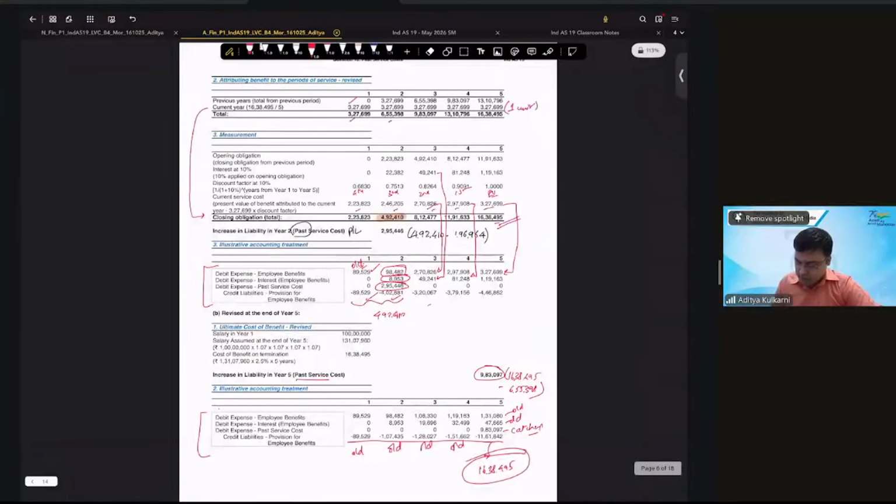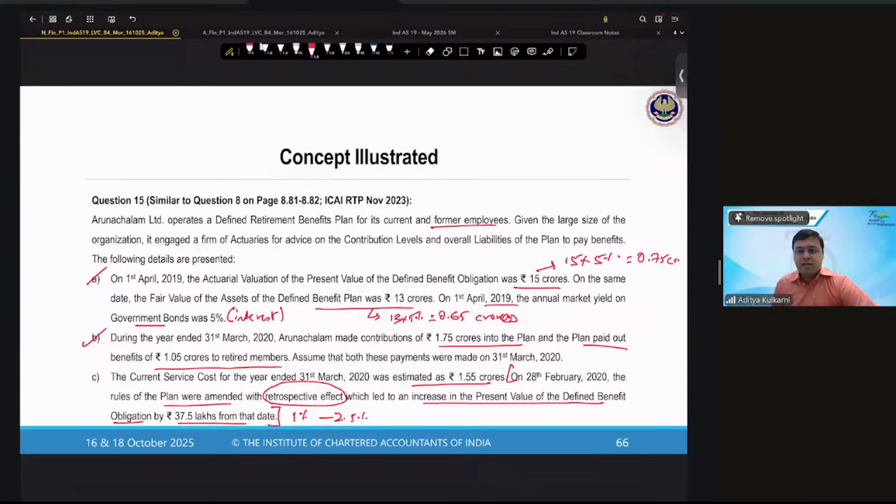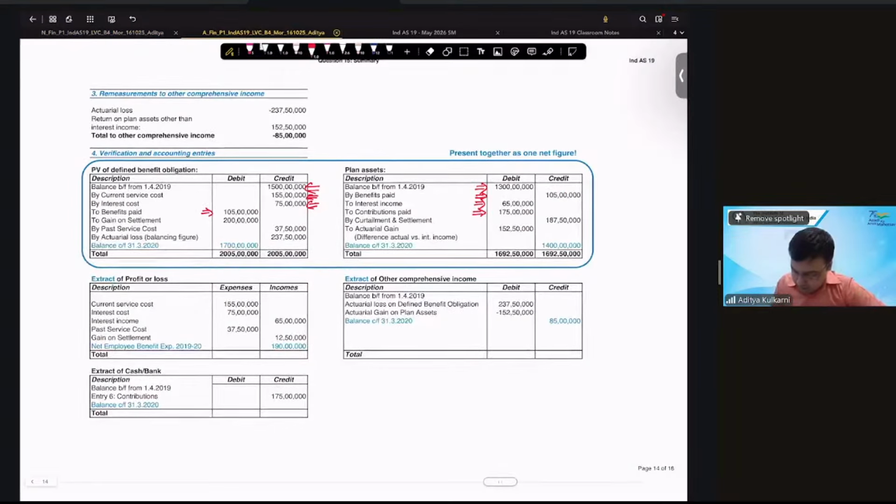The plan was amended with retrospective effect. This will confuse you. With retrospective effect, that will hit my current year cost directly, which led to an increase of 37.5 lakh. So past service cost is an expense. It will hit the P&L debit and it is increasing the obligation, so credit defined benefit obligation.